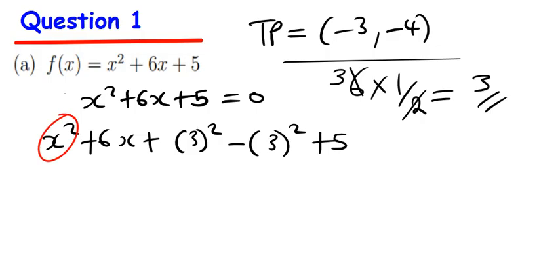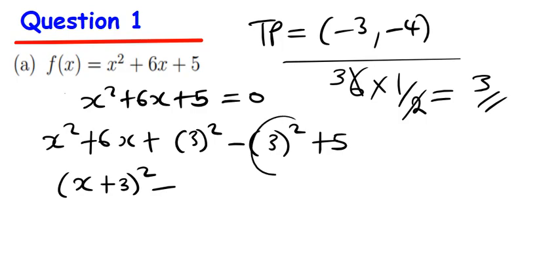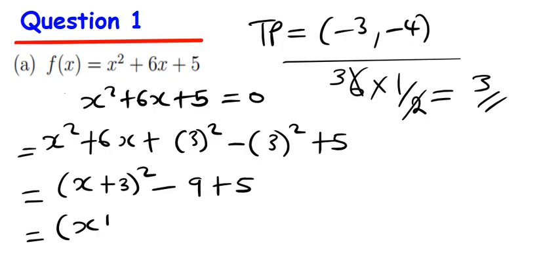Then the terms with the squares, I'm going to put them in one bracket. So I'm going to have x plus 3, squared, minus 3 squared, that will give us a 9, plus a 5 there. Negative 9 plus 5 will give us a negative 4.